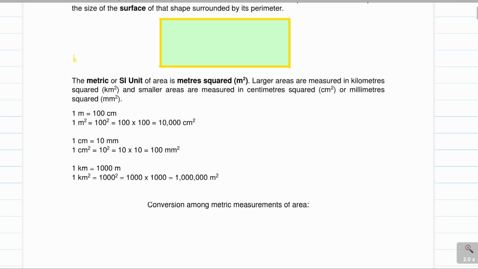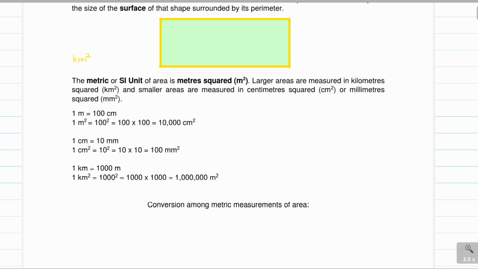Kilometer, km, and a superscript of 2. Right? So this tells us when something is squared, multiplied by itself. Smaller areas are measured in centimeters squared or millimeters squared. So these are the 3 common units that we will see in maths and in physics or any other science subject, right?